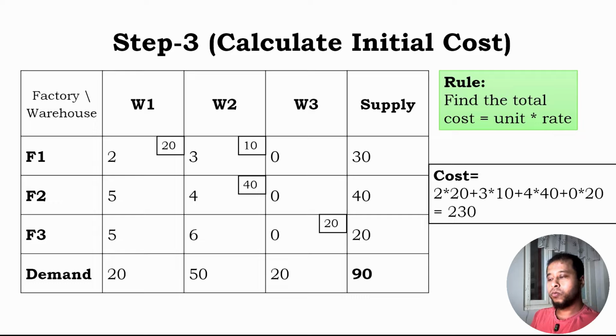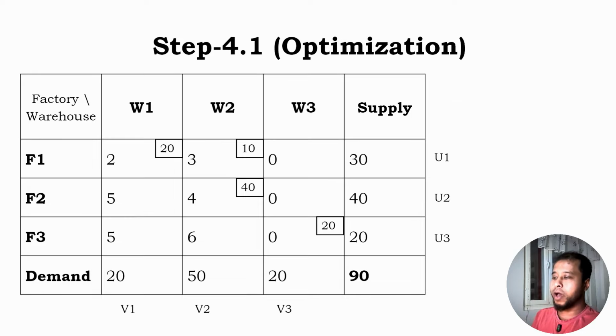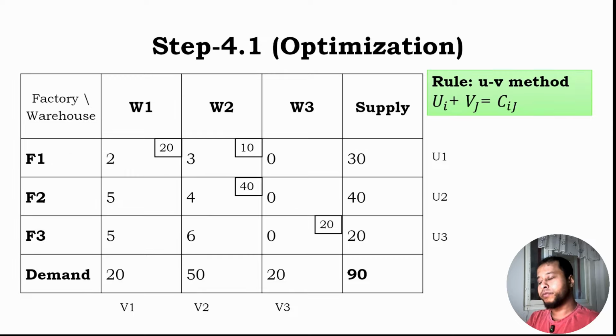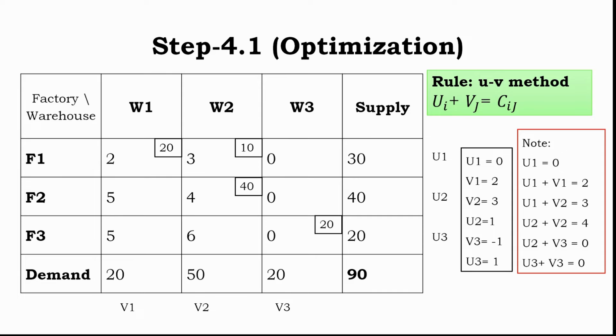For that we will calculate the u and v values again using the same previous formula. We first assume u1 equal to 0, then we get v1 2, v2 3, u2 1, v3 minus 1, and u3 1. Then we will again calculate the opportunity cost for unused cells.